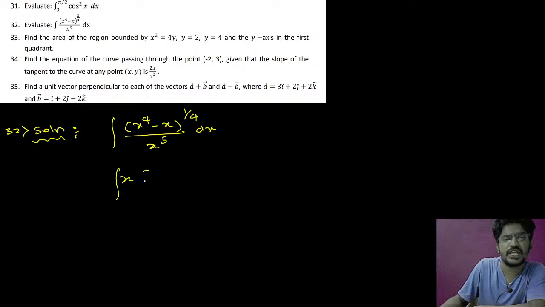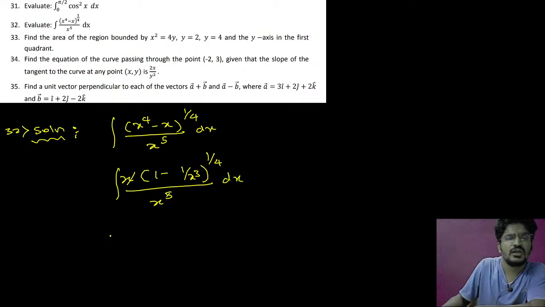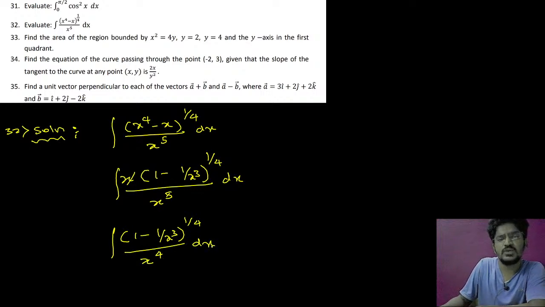X will come outside. 1 minus 1 by x cube whole to the power of 1 by 4 divided by x to the power of 5. You can just cancel x and x. So that will be integration of 1 minus 1 by x cube whole to the power of 1 by 4 divided by x to the power of 4 with respect to dx.